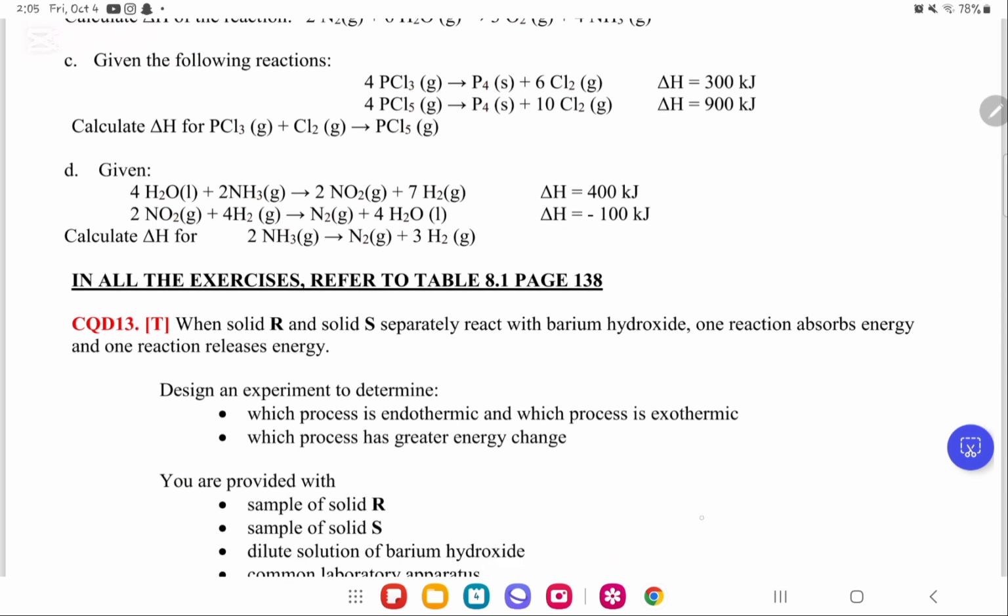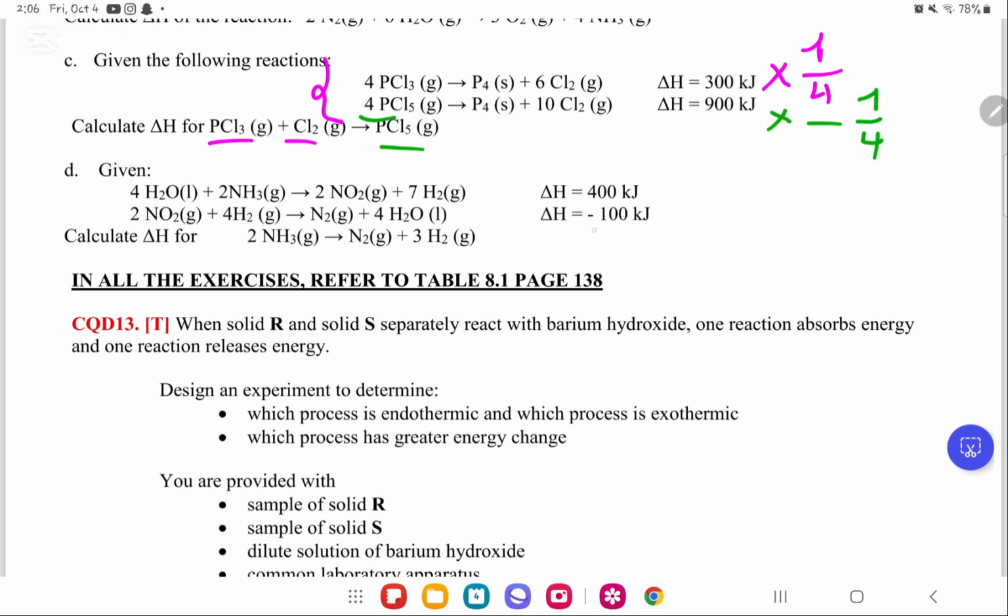Now part C. We have to calculate the delta H for PCl3. This over here has PCl3, so we are gonna multiply it by 1 over 4. Then we have Cl2. We have it in 2 equations, so we're gonna leave it. Then we have PCl5. I'm doing this fast because I'm pretty sure you guys know how to do it. Over here, we're gonna multiply it by negative 1 over 4.